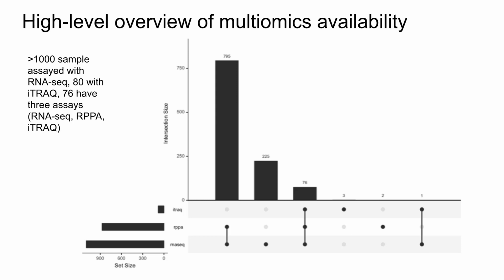Now this is something called an UpSet diagram. It's like a Venn diagram, but it allows more complications, easier to parse. So this is telling me how many samples contribute RNA-seq, how many RPPA, and how many iTRAQ. And then these things tell me how many are coincident. So only 76 samples were assayed by all 3 methods. 795 by 2 of those methods.